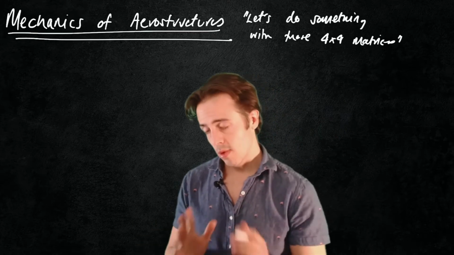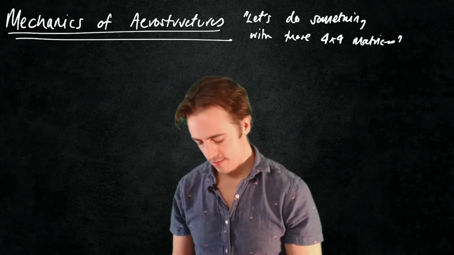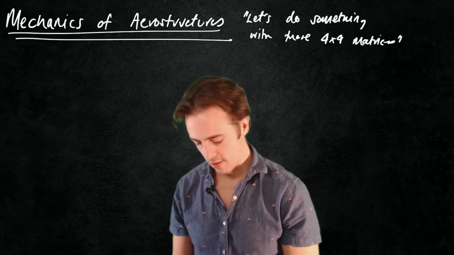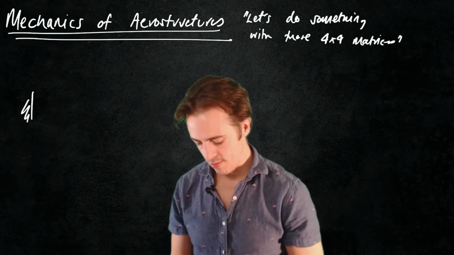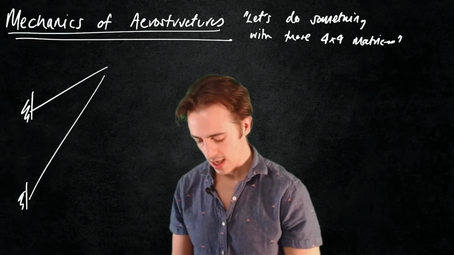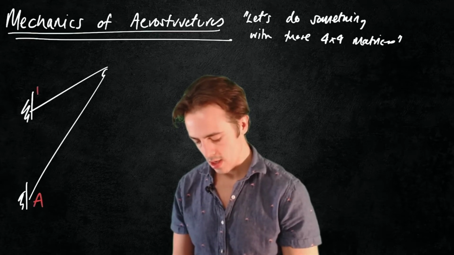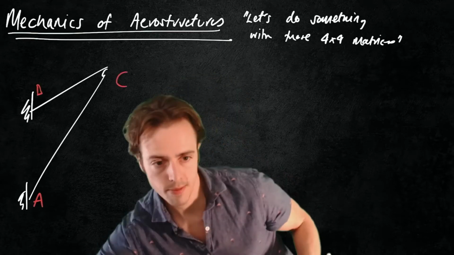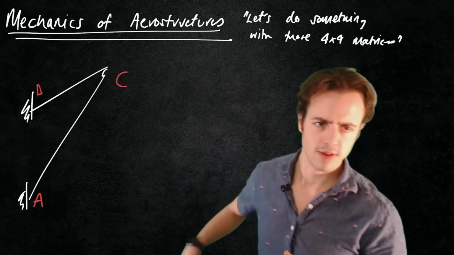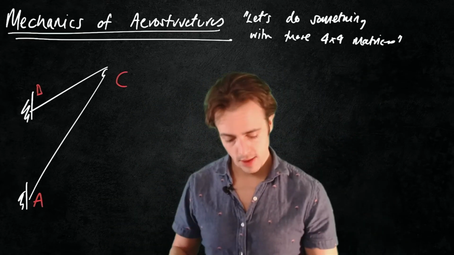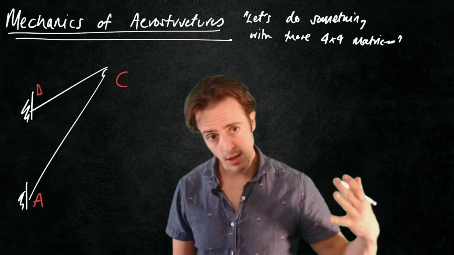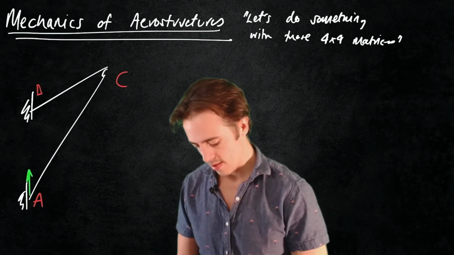We know that when we create a global structure, so for example, in the problem that we solved very manually, this problem has 3 nodes, A, B, and C. Okay, just moving the cat off the desk. Each of these nodes has an associated global displacement.